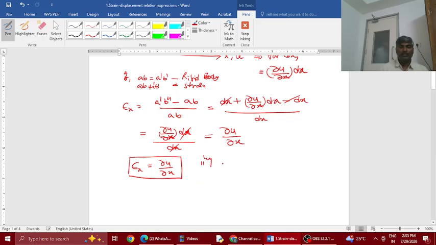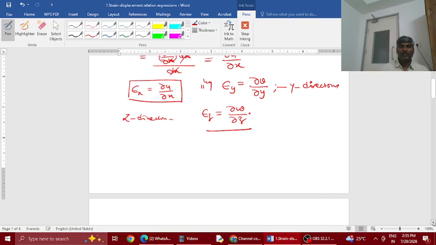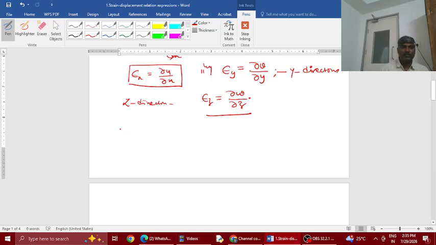Similarly, in y direction, you can develop the same relation. So we call it epsilon y, dou v by dou y. And for z direction, epsilon z is equal to dou w by dou z. So these are the strain displacement relations in normal direction.